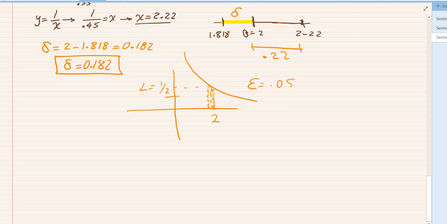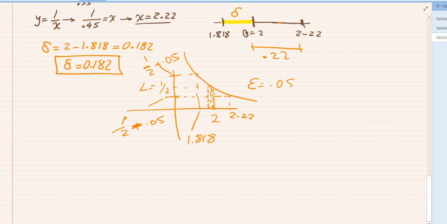Let's say this is my 1/2 plus or minus 0.05, and this is 1/2 plus 0.05. That's my limit. Once I get closer, and this is what we found, this we found to be 2.22 and this we found to be 1.818.